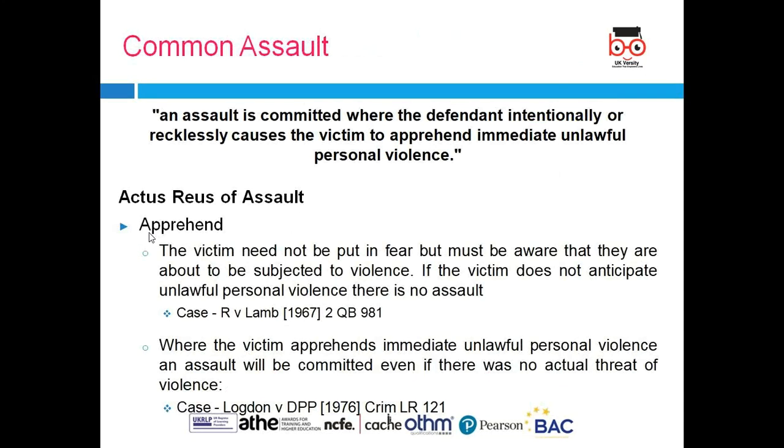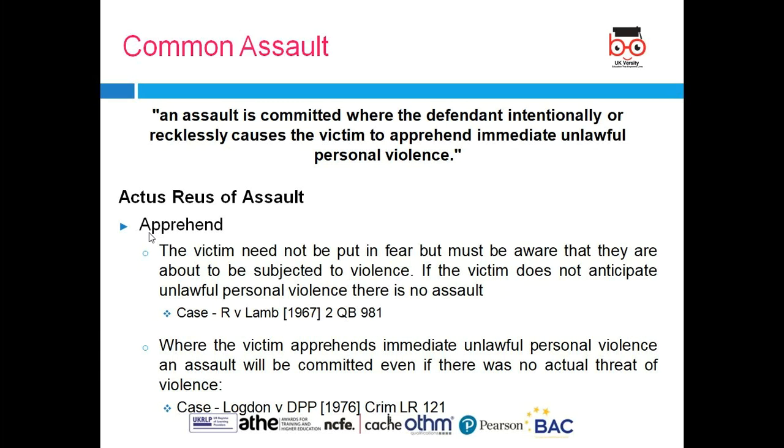No, that's fine. Okay, common assault. An assault is committed where the defendant intentionally or recklessly causes the victim to apprehend immediately unlawful personal violence.